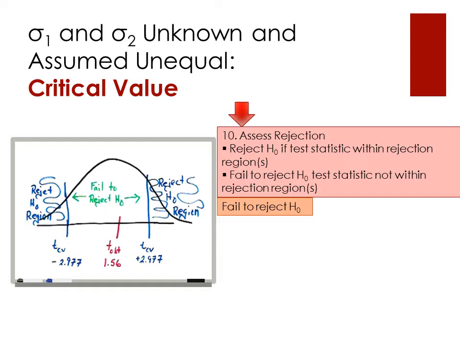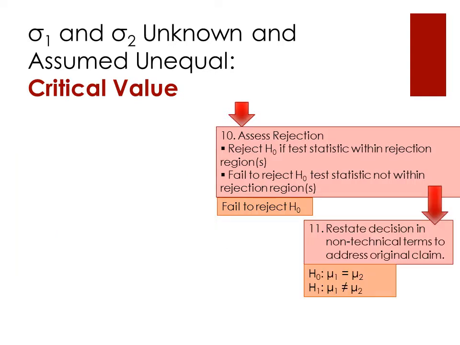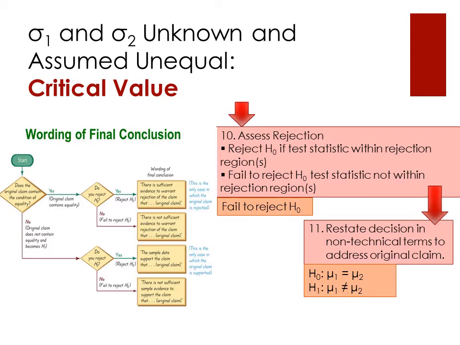So now that I've failed to reject the null, I need to restate this decision in non-technical terms to address the original claim that we have specified here. We're going to go back and look at the language for wording our final conclusion that we have in the flow chart. Keep in mind, again, that's posted on Blackboard under additional materials.